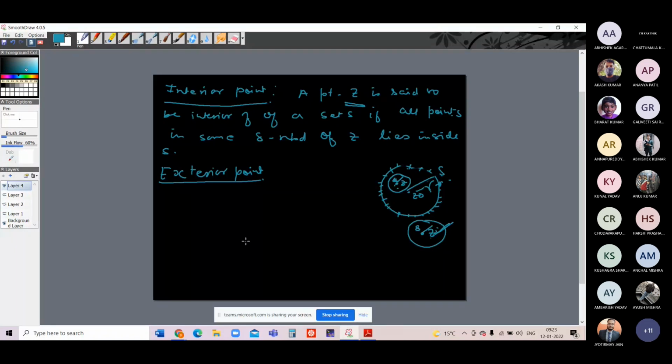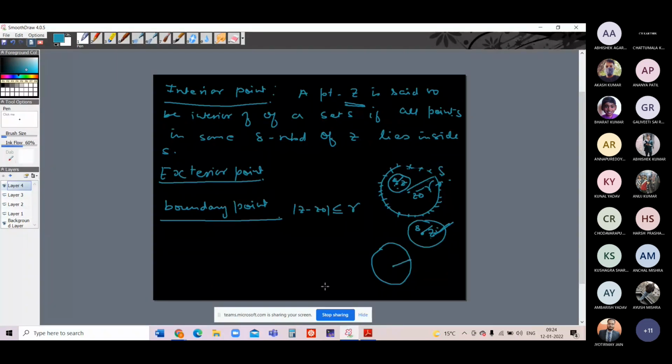Next is boundary points. For suppose here we are considering a closed disk, say Z minus Z naught less than or equal to R. It is a closed disk.